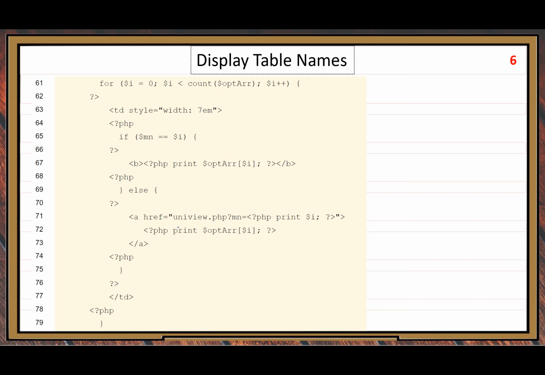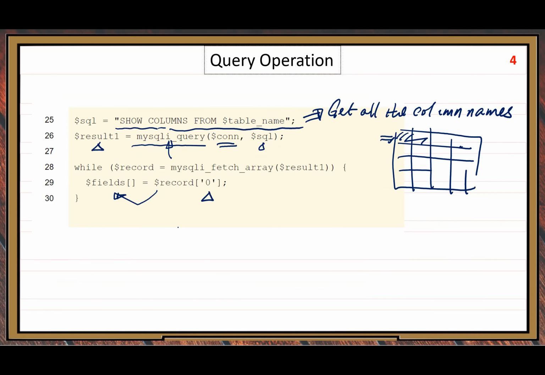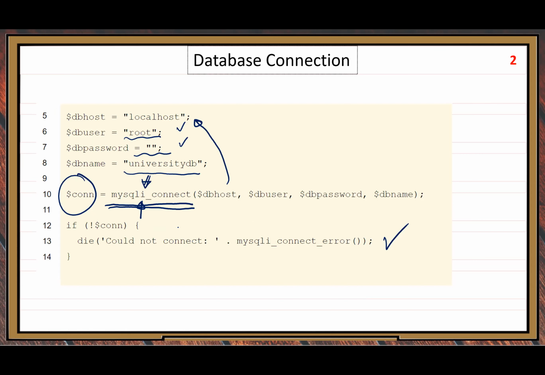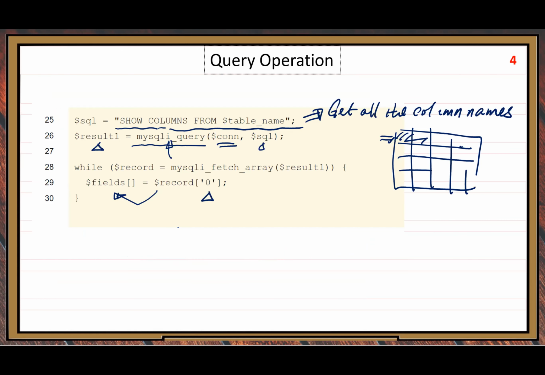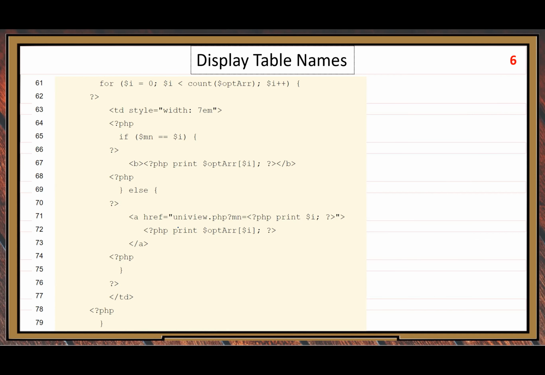Opt arr, the option array. Do I use this for the table names? Where do I store that? I remember we use table arr, but where is our option arr? I didn't see the option arr.